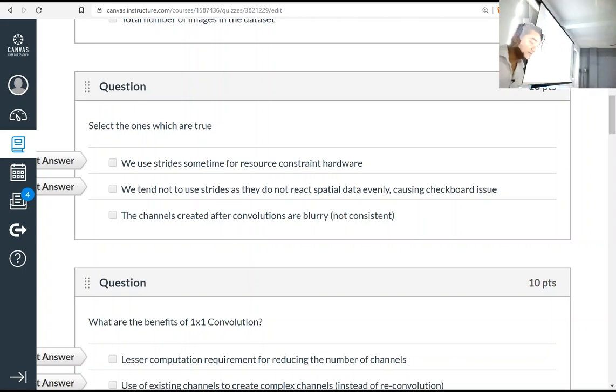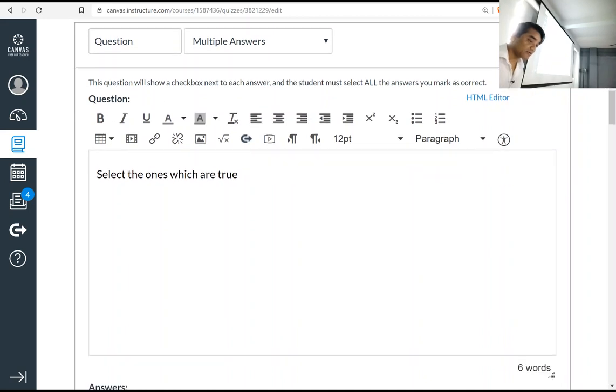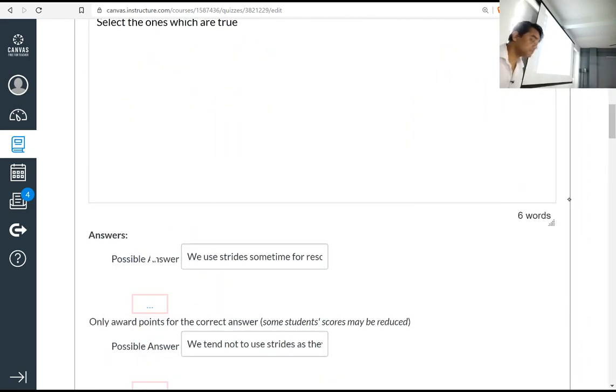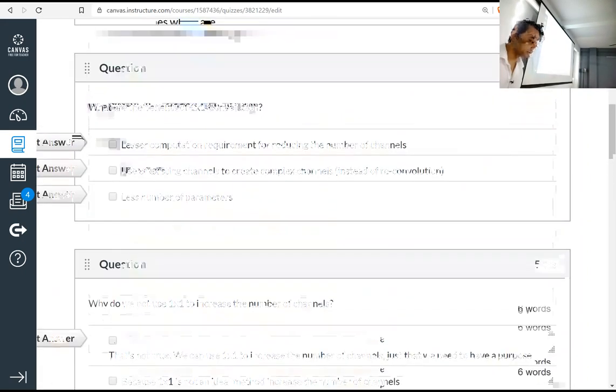The channel created after convolutions are blurry, not consistent. I did this one also, because it's blurry only. Yeah, so what actually happened in the last session was that people suddenly forgot the context of the question when they were looking at the last one, which is sort of true also.